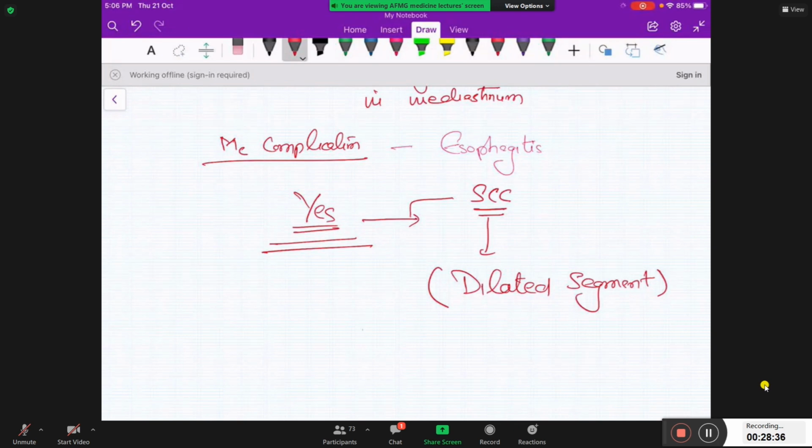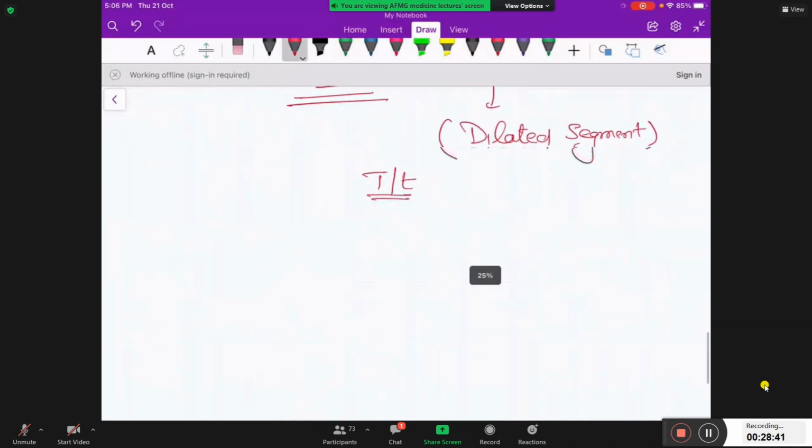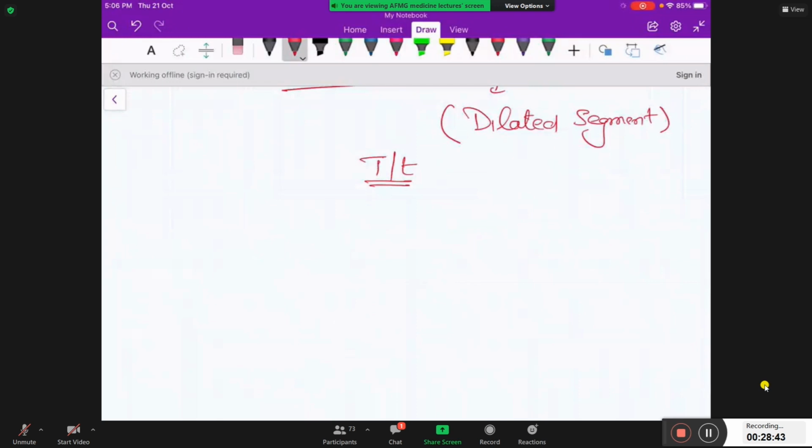Right? Now coming on to the treatment options. What are the treatment options we have in achalasia cardia? Very commonly asked question again.